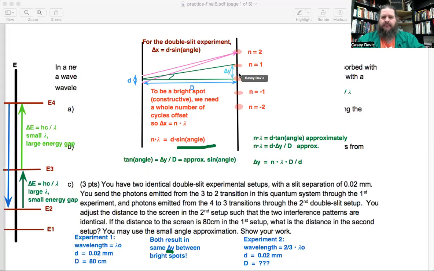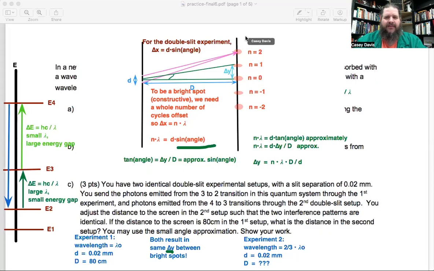Can you repeat what you just said? The formula is what? This will tell us the height as measured from the center of the nth bright spot. So the distance difference between the two bright spots. Well, specifically the height difference between the center and the nth bright spot.